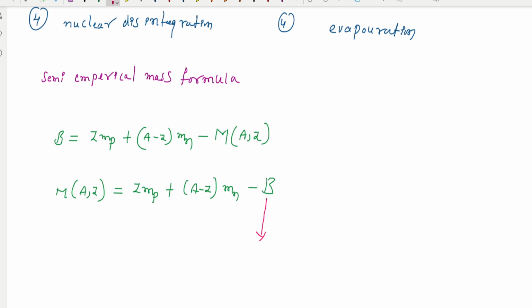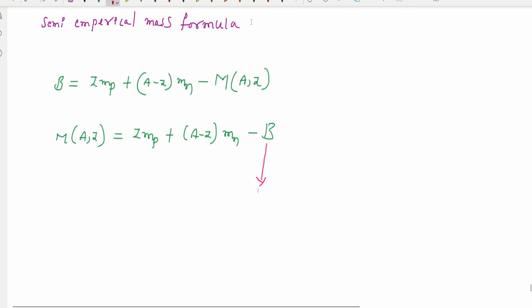What is the binding energy formula? So this is just the binding energy. Very good. So it is better to classify like this. The five terms I'm going to use.